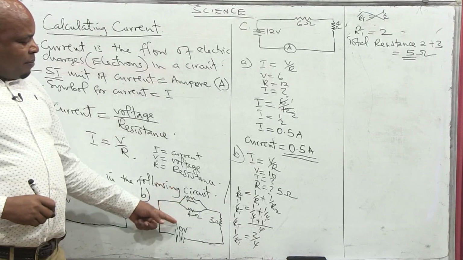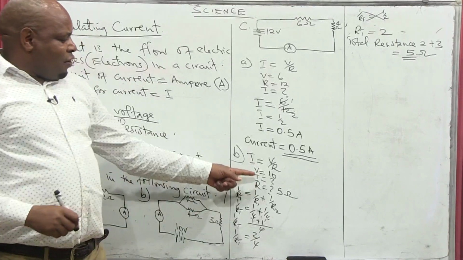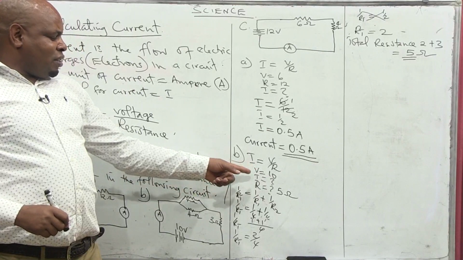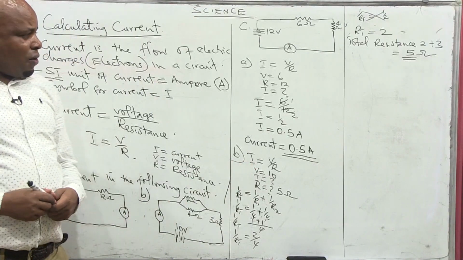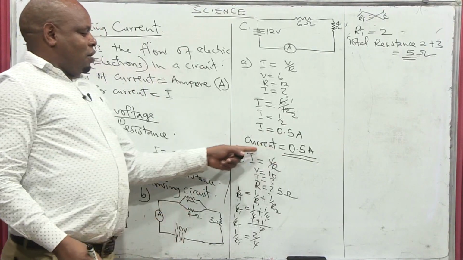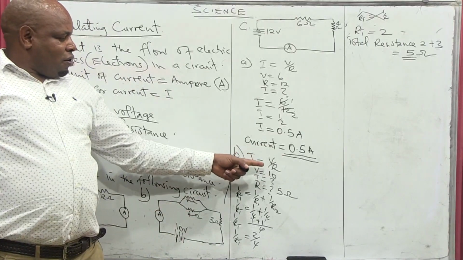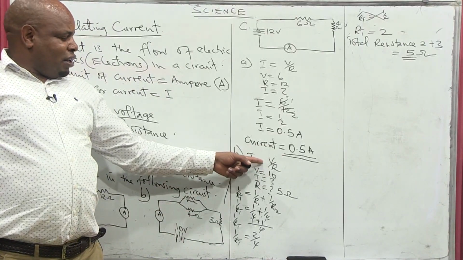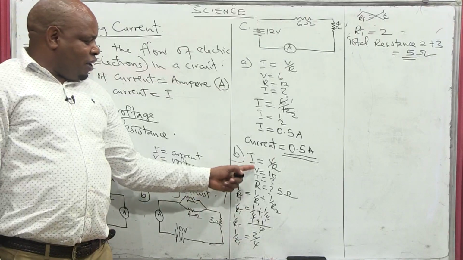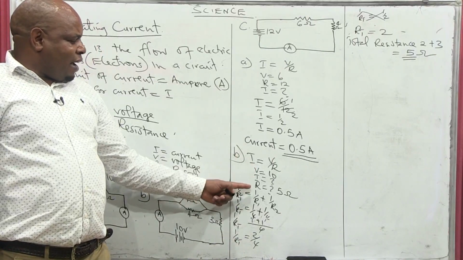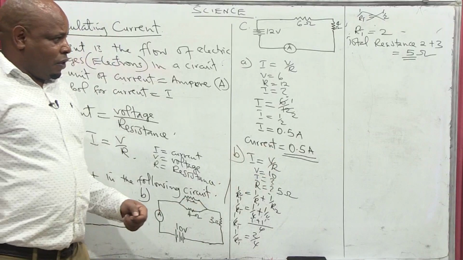So from our diagram now we have the value of R and we have the value of V. We can now easily get the value of I. How? By equating the values of V and R in our formula.